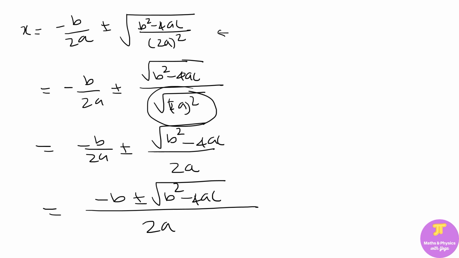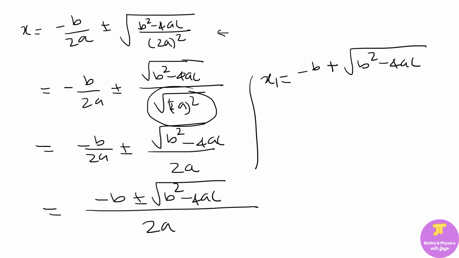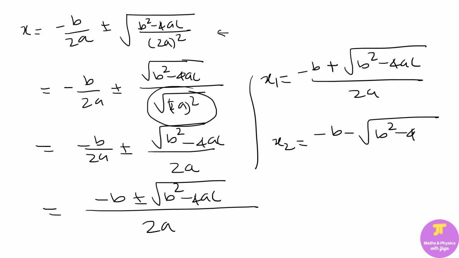So x can take minus b plus or minus the square root of b squared minus 4ac, over 2a, which means there are two solutions, as I said. If x1 is the positive one, minus b plus the square root of b squared minus 4ac over 2a, then the second solution would be minus b minus the square root of b squared minus 4ac over 2a.